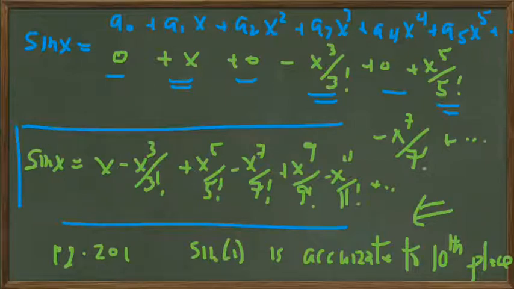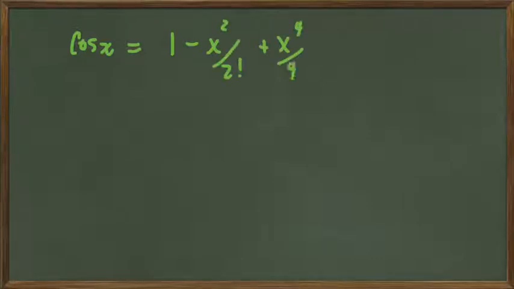And you can see without too much difficulty, I would hope, that if we went through the same process, we could get a series for cosine, but the alternating nature of it is going to be on the even powered terms.